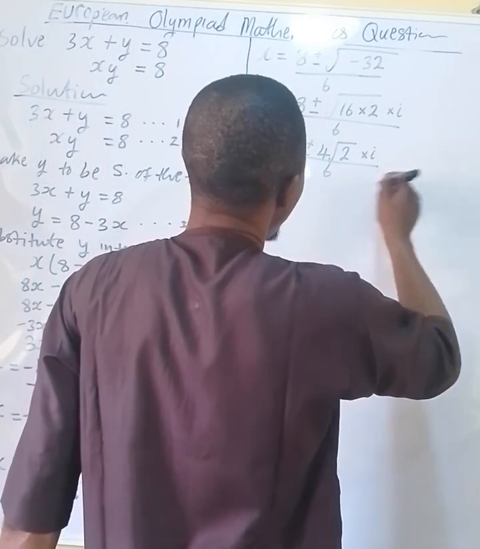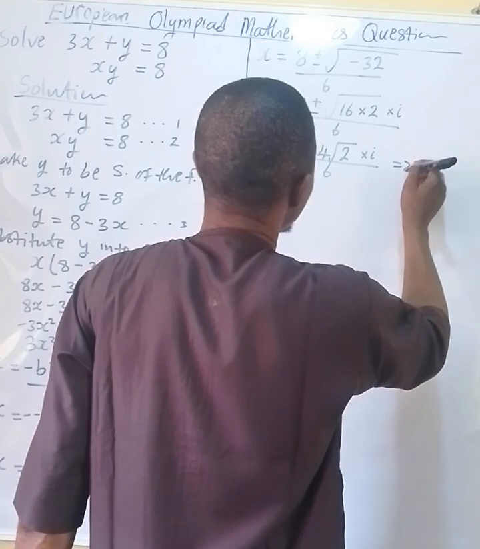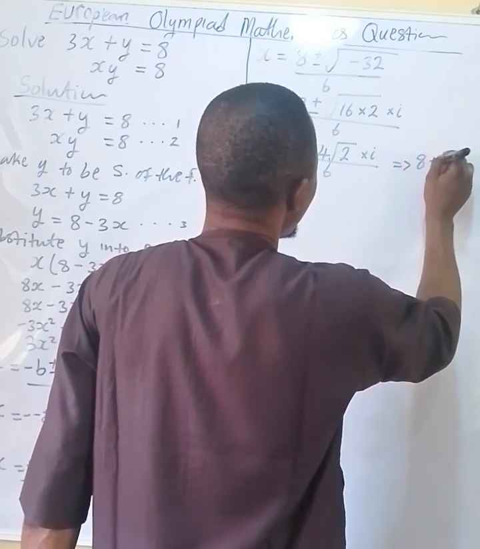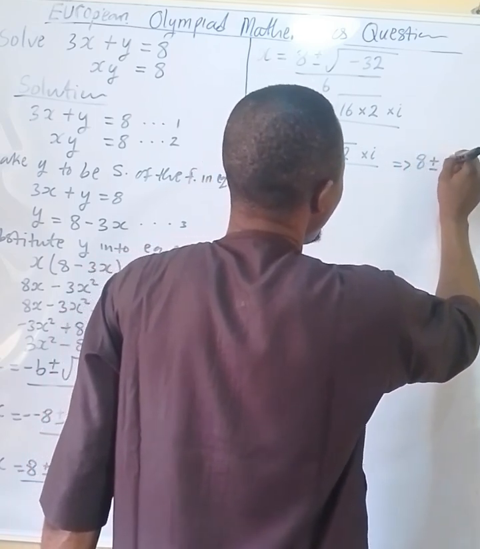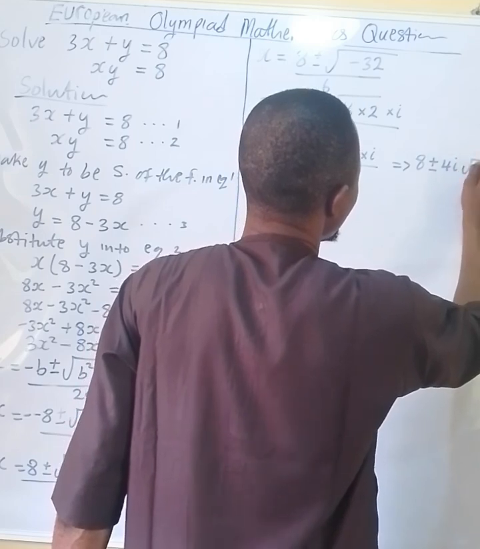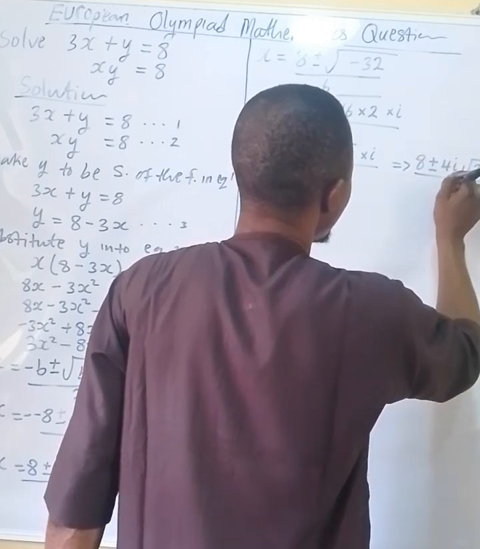You can also write it like this: 8 plus or minus 4i root 2, everything over 6.